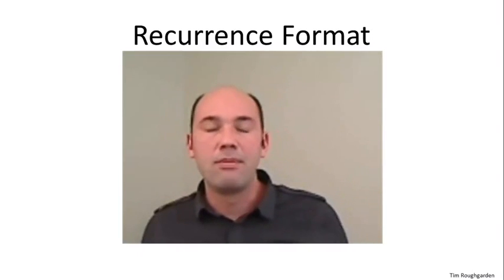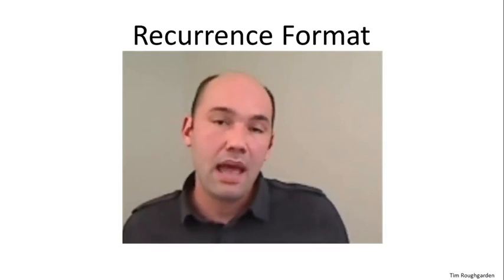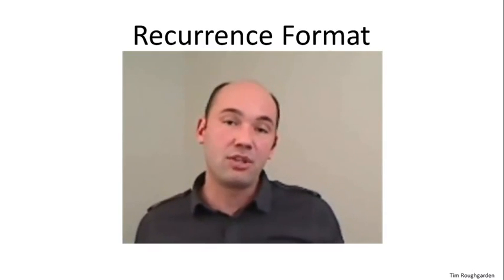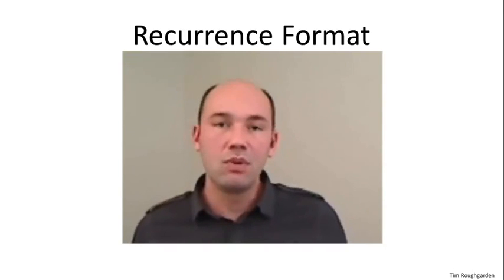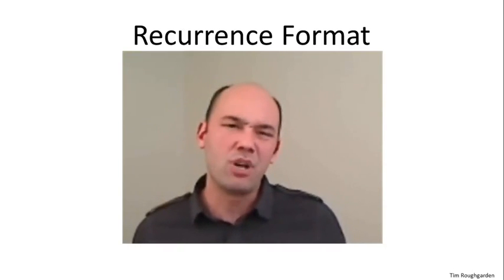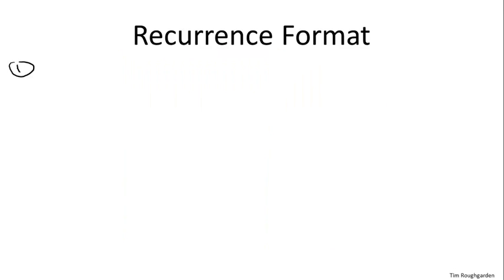Next, I'm going to describe the format of the recurrences to which the master method applies. As I said, there are more general versions of the master method which apply to even more recurrences, but the one I'm going to give you is going to be reasonably simple, and it will cover pretty much all the cases you're likely to ever encounter. So recurrences have two ingredients.